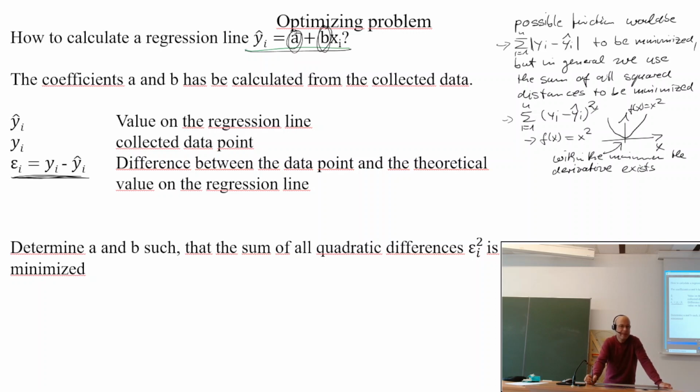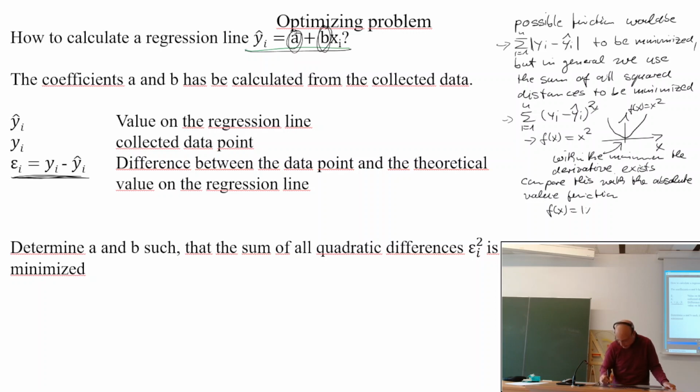So this would be something like a practical reason, because if we compare this with the absolute value function, then we have f of x is absolute value of x, and this has just a kink in the minimum.